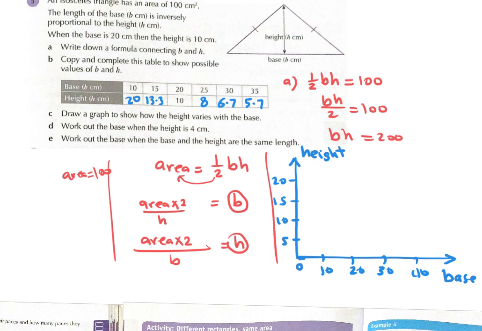Now for the first point, 10, 20, base equal 10, height equal 20, so this is the first point. Next point, 15, 13.3. So this is 15, 13.3, approximately there.